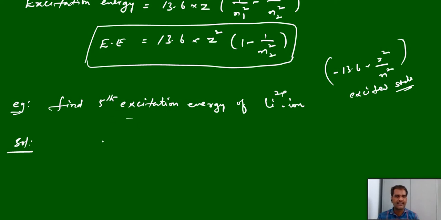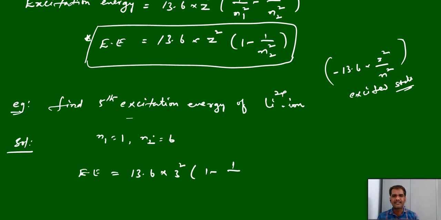So fifth excitation energy means where N1 equal to 1 and N2 equal to 6, or else we can use this formula, excitation energy 13.6 into, here Z means lithium, 3 square, 1 minus 1 by N2 square.